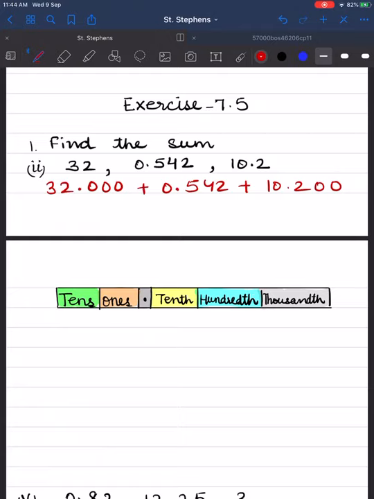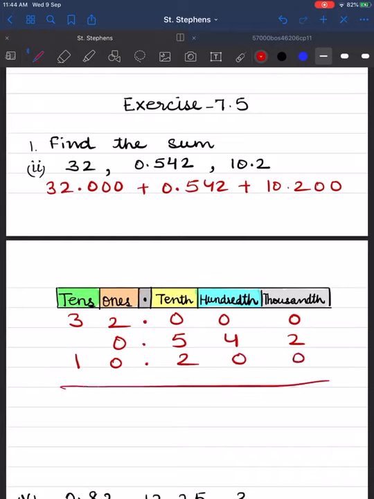So here we get 32.000, 0.542 and 10.200. Now let's add. So here we get 2, 4, 7, decimal below decimal, 2, here 4. So we get 42.742.